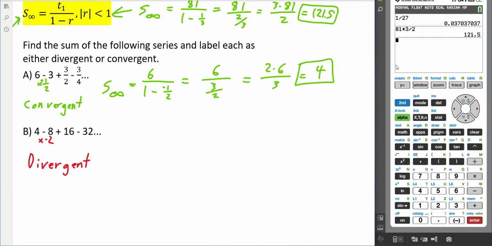So we have the value, and we also have whether it's convergent or divergent. And this other one, because it's divergent, we cannot use the same formula. What we have to do is say this is undefined. That's all we can do.